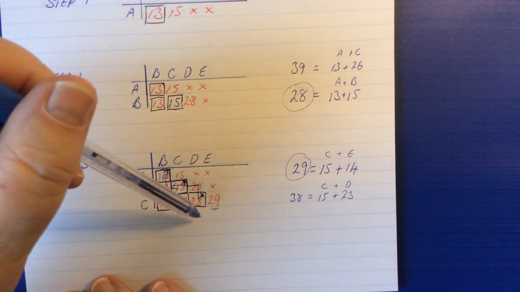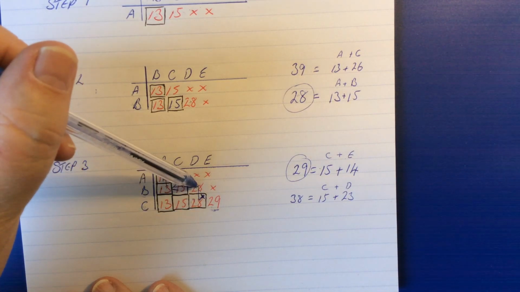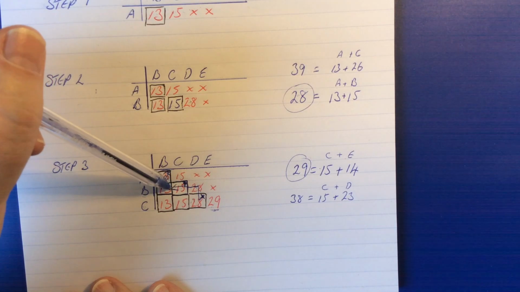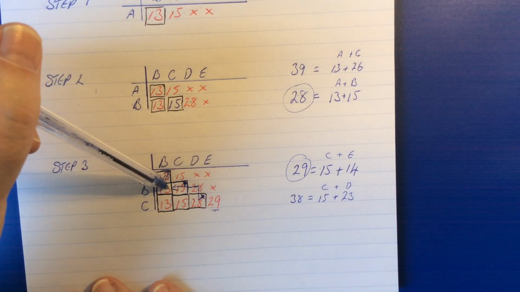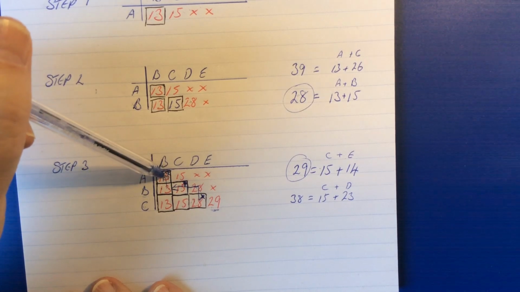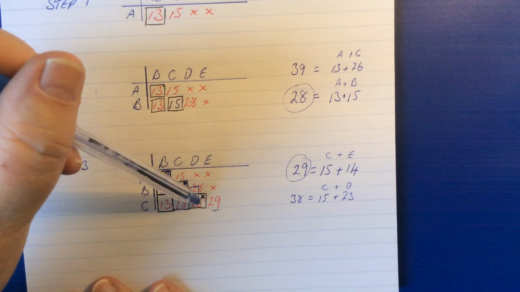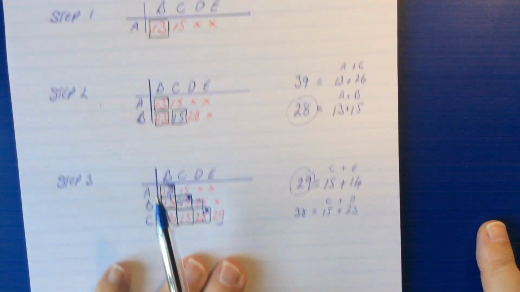Now, how do we work backwards and go through the route? Well, we work up from here to this row, then across to this row through this value here, which is 15, and back up to A. So the answer is that 13 plus 15 gives us 28, which is the shortest route from A to D.